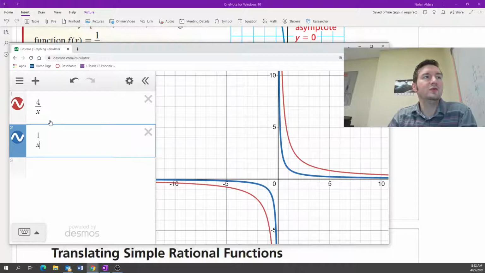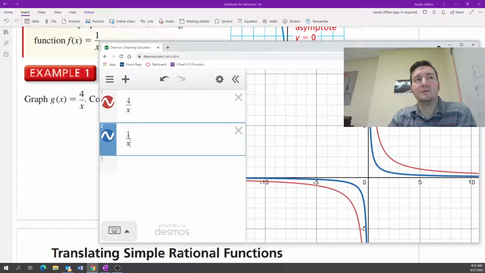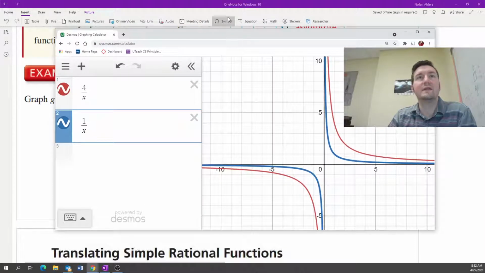So when you have a number in your numerator, the bigger the number, it's going to pull that line farther and farther out away from the origin. And the smaller that number on top, or the bigger the number in the denominator, it's going to pull it in closer towards the origin.